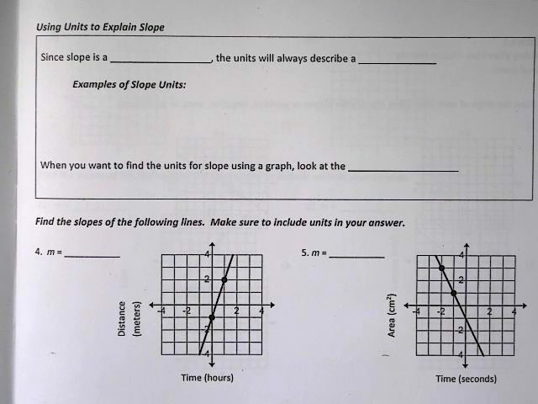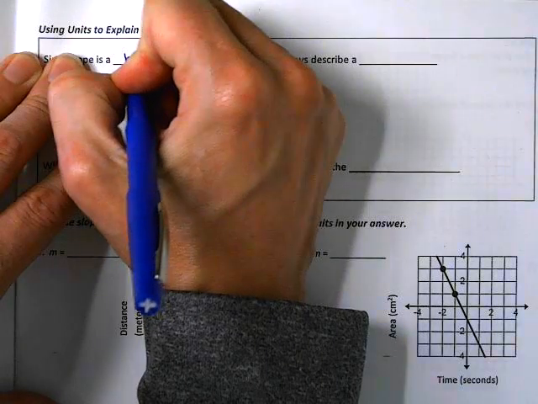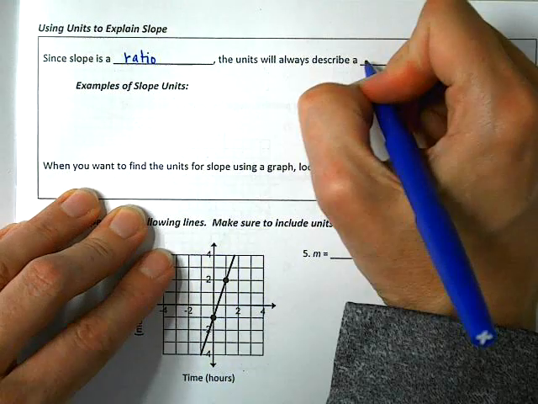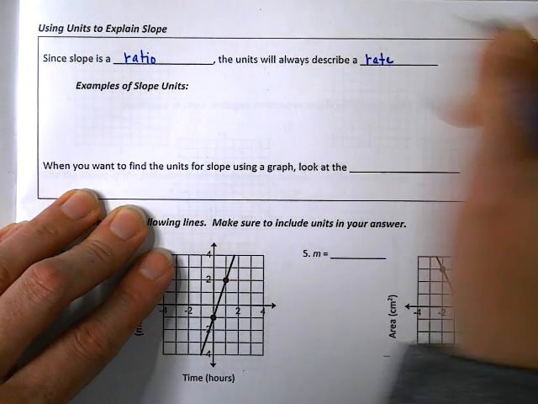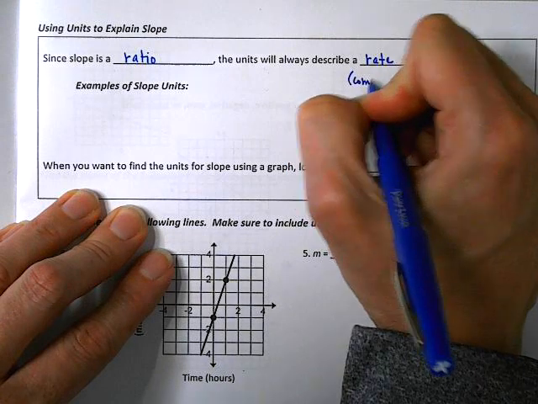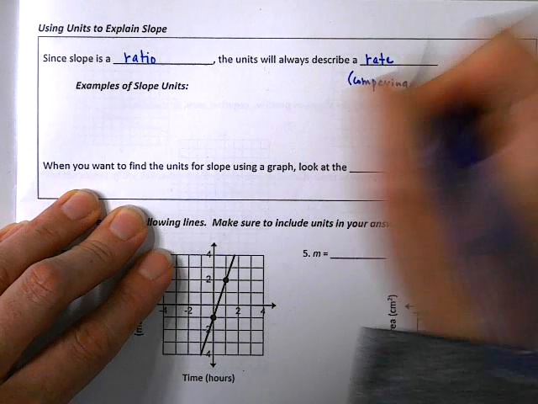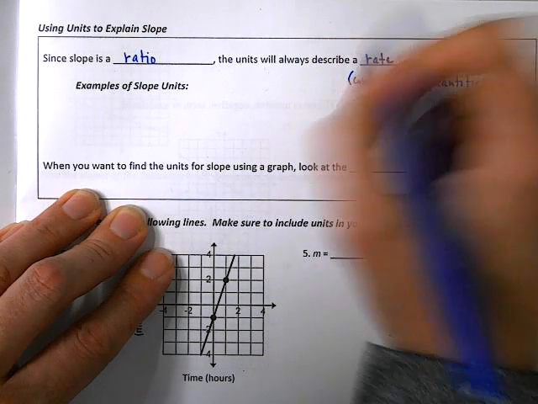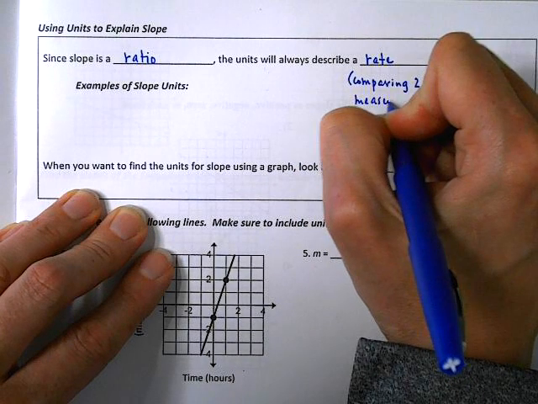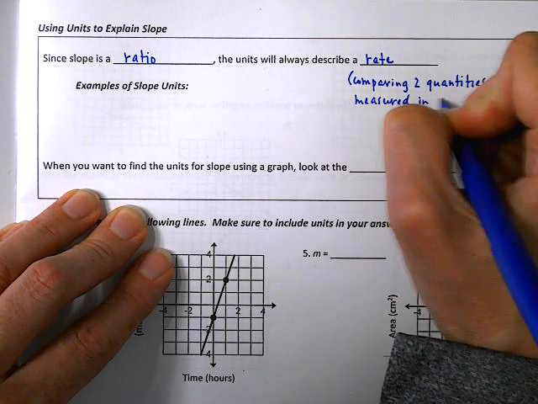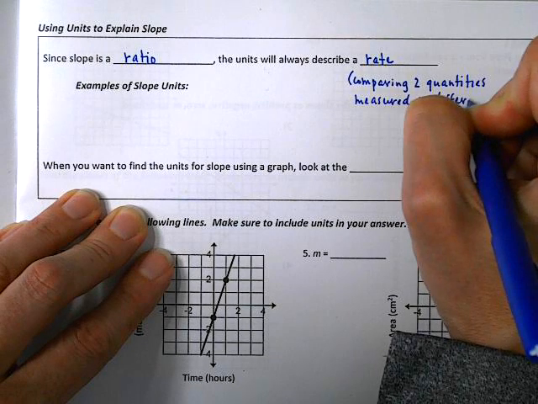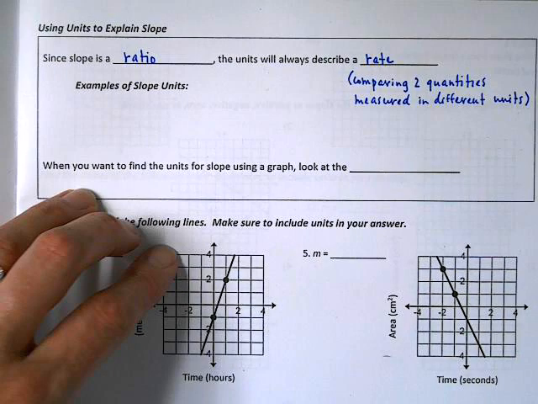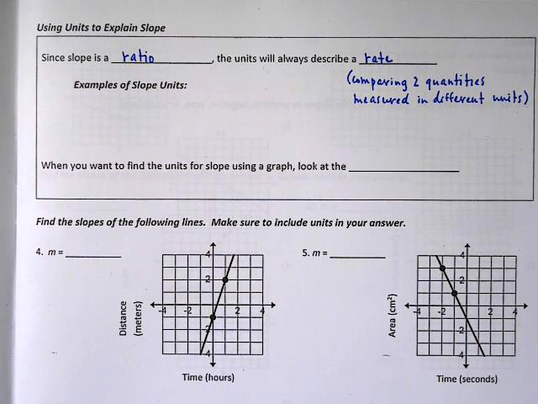Okay, so since slope is a ratio, the units will always describe a rate. And remember, a rate is comparing two quantities measured in different units.